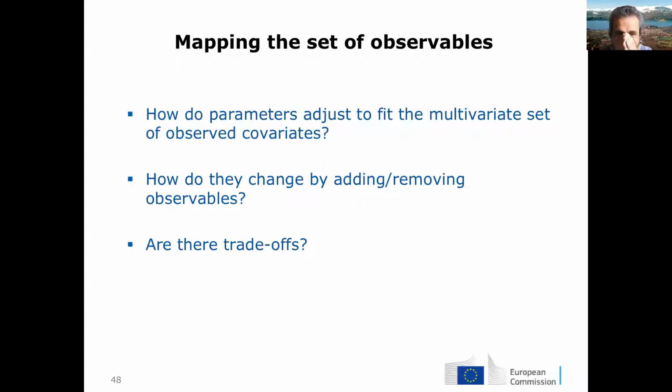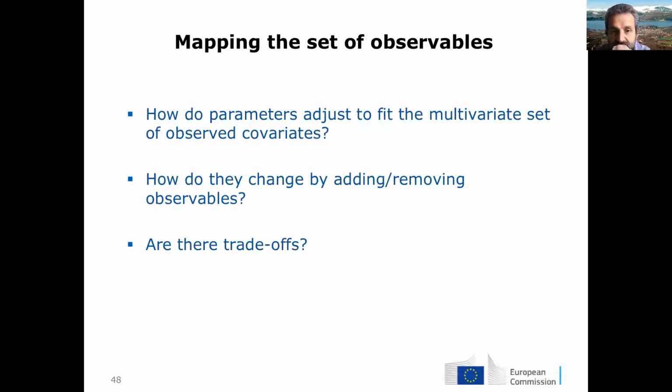Okay, so one last possible setting where it can be interesting to perform this kind of global sensitivity analysis is vis-a-vis observables and estimation. So how do parameters adjust to fit the multiple sets of observables that we want to fit, on which we want to take the model?